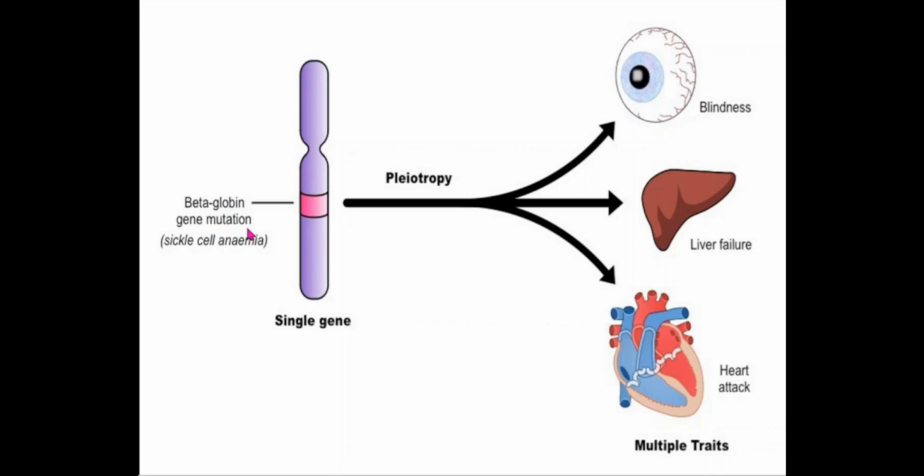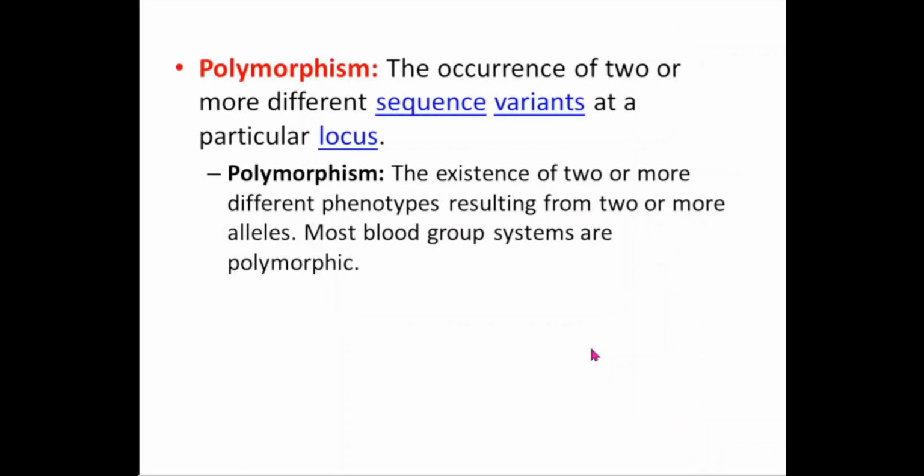If there is a gene mutation, then it will cause sickle cell anemia. So with pleiotropy, it will cause blindness in the eye, liver failure in the liver, and heart attack in the heart. So multiple traits, that is pleiotropy.